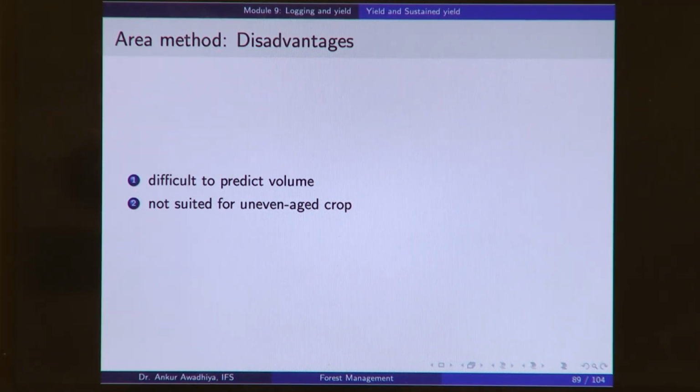Then it is not suited for an uneven aged crop, because you need to convert your forest into an even aged forest, then only you will be able to use this method. And then it also does not take into account other intricacies such as differences in the site quality.